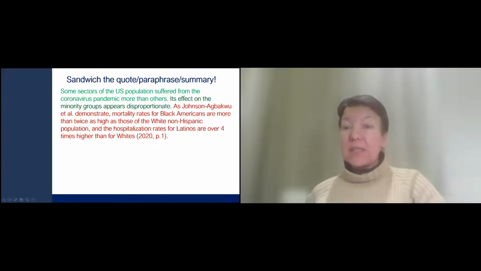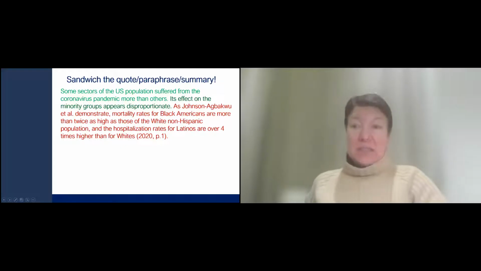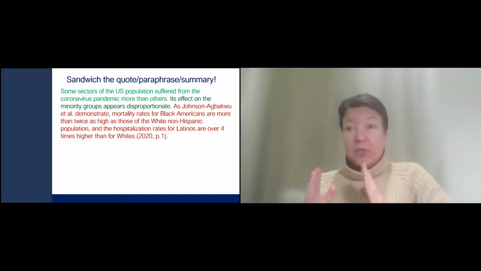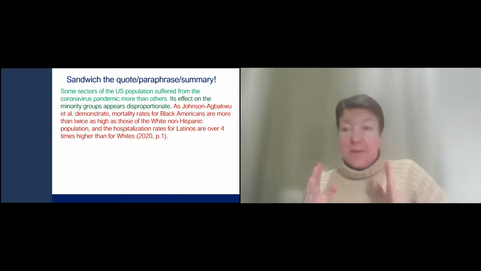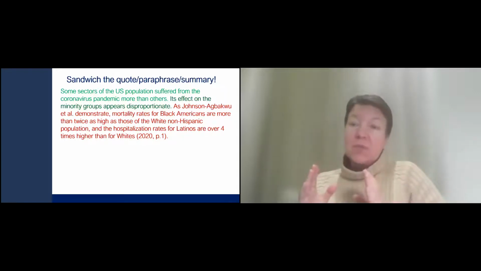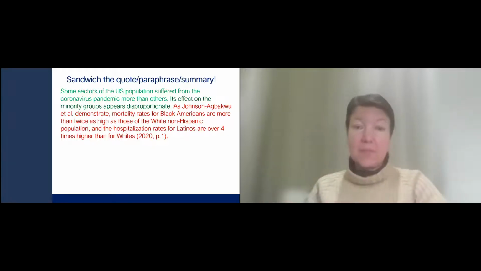And you see, because it starts with 'as authors demonstrate', and it finishes with the parentheses with year and page, we have very clear borders. That was my interpretation. Now there is this fact from somebody else, and this is the end of that summary. Now there will be again my interpretation.